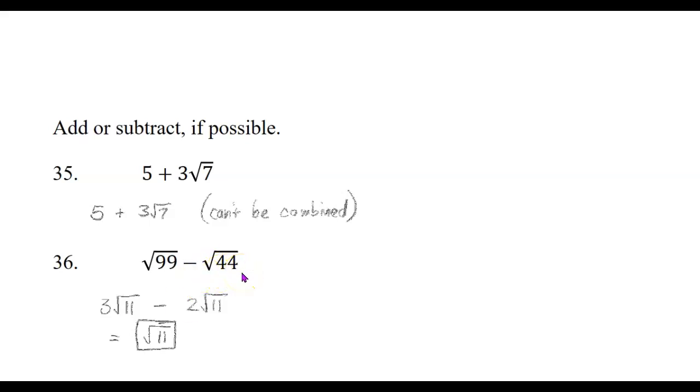Meanwhile, 44 factors into 4 times 11. So the square root of 44 would be the square root of 4, which is 2, times the square root of 11. Now we can combine these because 3 root 11 minus 2 root 11 equals 1 root 11. So just 1 times the square root of 11, or just the square root of 11.